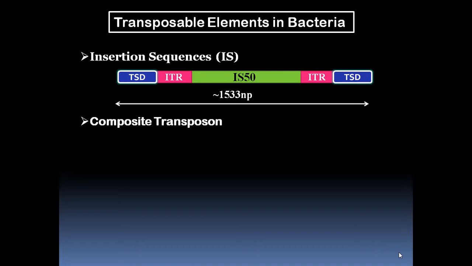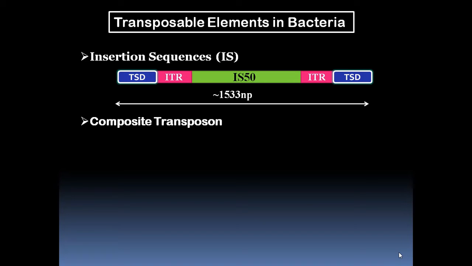Now, the second important transposable element in bacteria are called the composite transposons. Now, the composite transposons are made up of two insertion sequence elements that lie near one another, and the region in between them can be easily transposed by means of the joint action of the flanking elements.